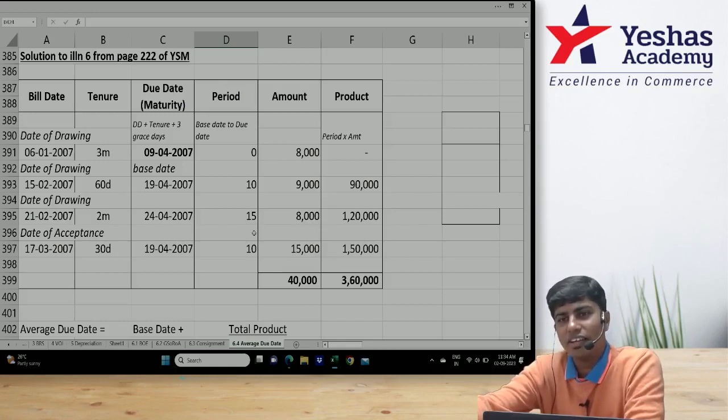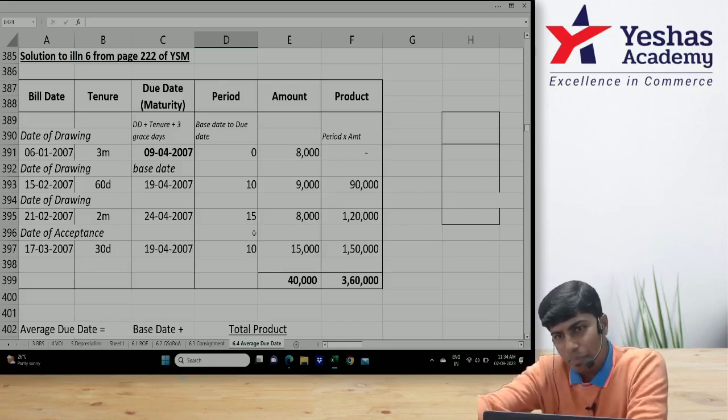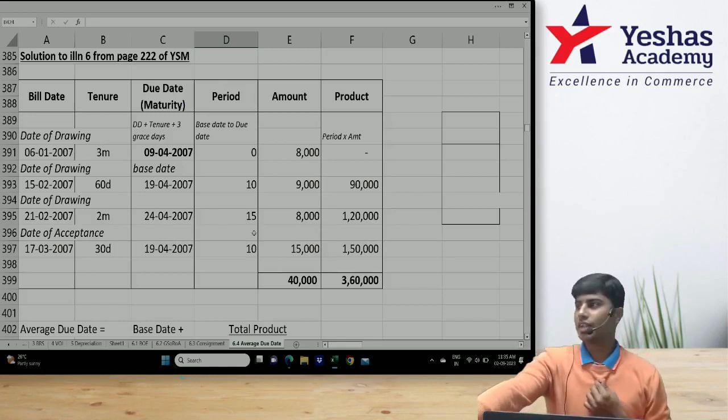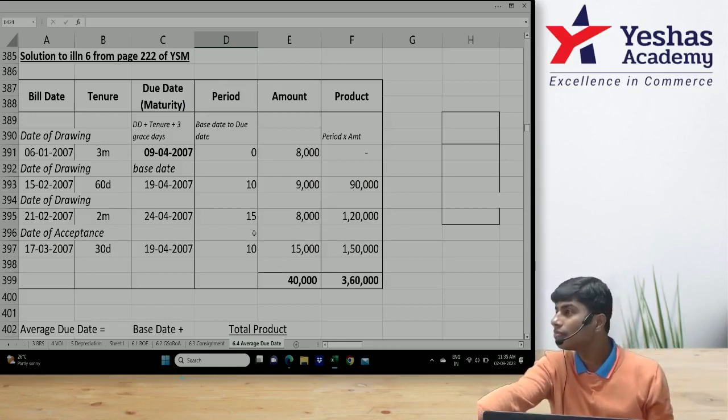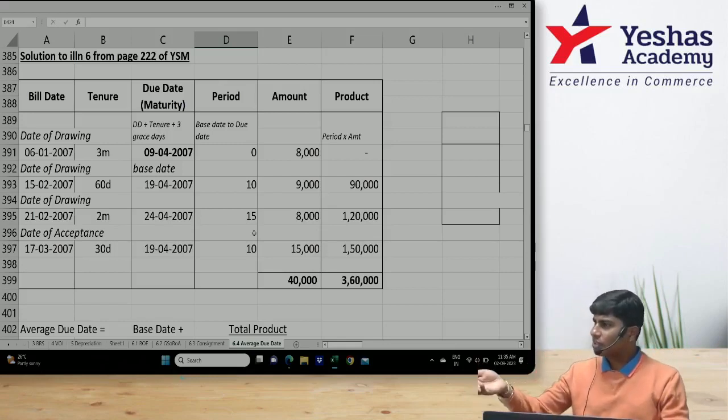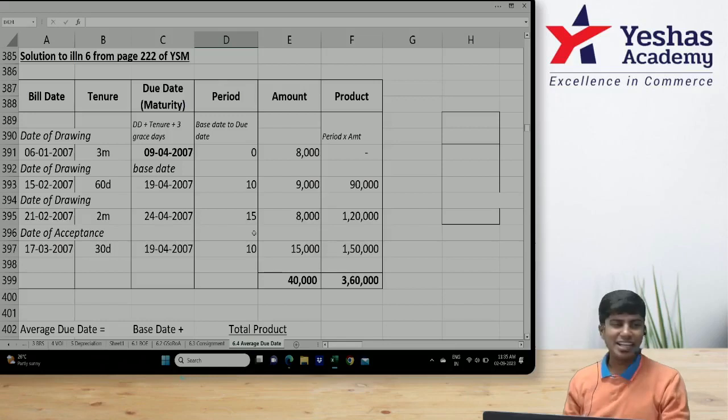Ahead is not an event. 15 days is the period between that event and the other. 15 days ahead means you're paying before average due date. See, the problem is you all English medium kids know.